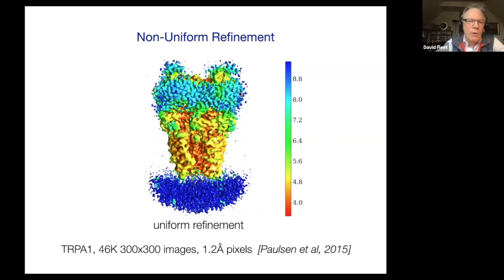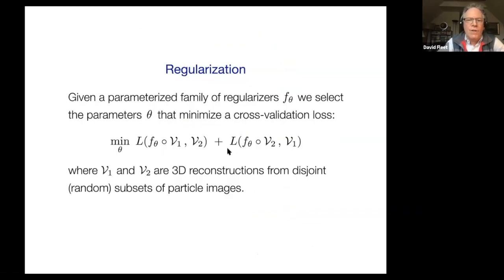So what we've developed is a new method of regularization that again uses a form of cross-validation. We define a new parameterized family of regularizers, which are not shift invariant filters. They're more complex. They could be a neural network, or they could even just be a spatially adaptive linear filter. And these new regularizers have parameters, and what we're going to do is optimize those parameters using a cross-validation loss.